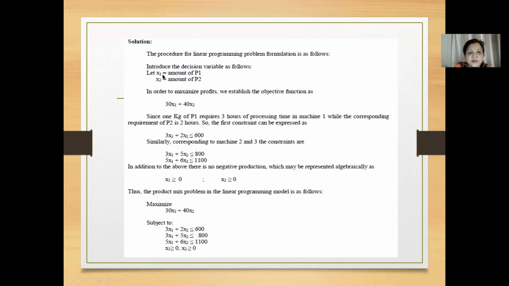Now let us take decision variable x1 as the amount of P1 product, and x2 as the amount of P2 product. So in order to maximize the profit, we establish the objective function as 30x1 plus 40x2.